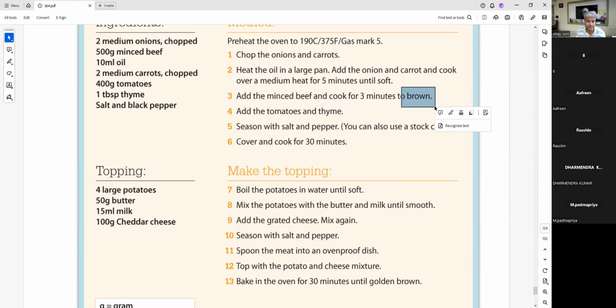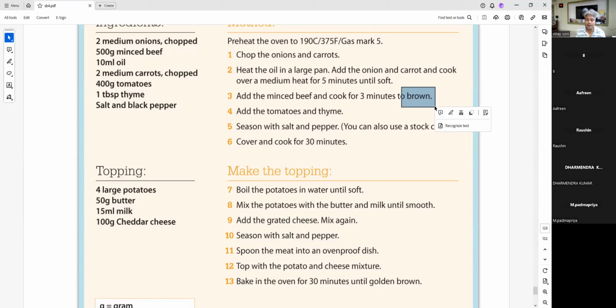Thyme is a herb, beta, just like coriander leaves, just like mint leaves. They are green leaves, beta. They are used for flavor. You use pudina, mint, when you cook some recipes. Similarly, curry leaf, curry patta. They are herbs. Add the tomatoes and thyme.